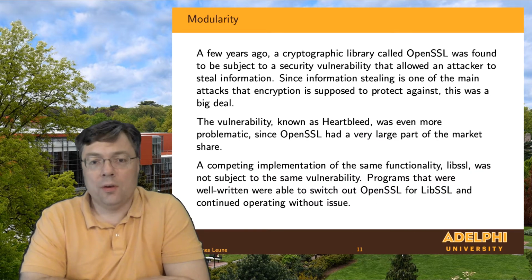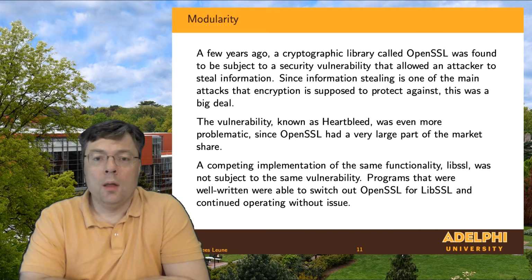As an example of how things can work maybe not so well, some time ago a vulnerability was discovered in an encryption library that was widely used by other systems. It was called OpenSSL. And because it was so widely in use, when that vulnerability in OpenSSL itself was discovered, hundreds of thousands of other systems were found to be vulnerable as well.